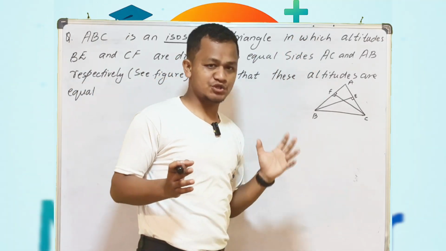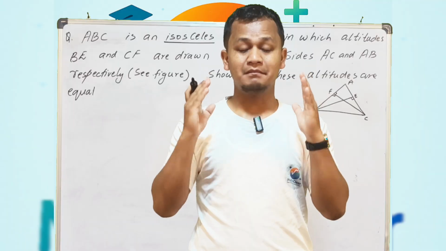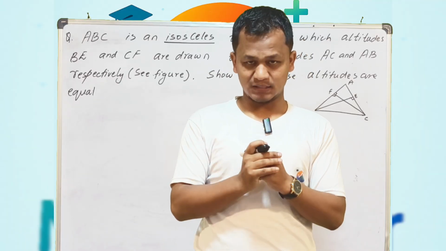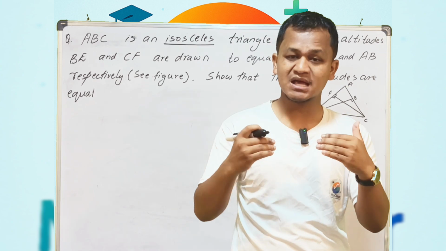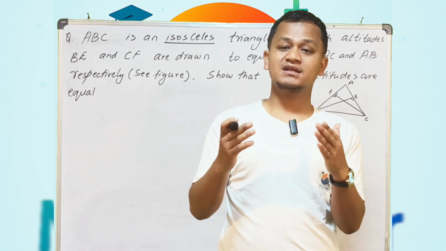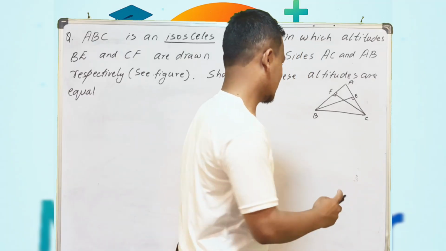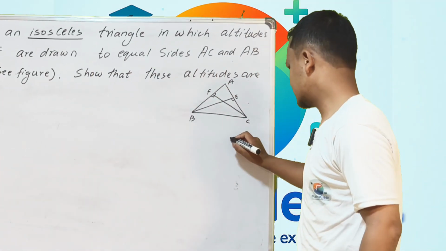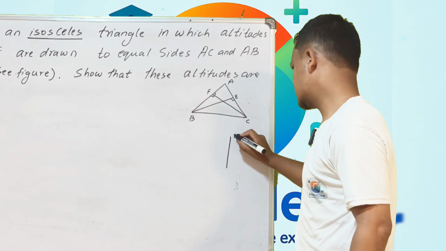Altitudes are nothing but the lines which make perpendicular angles. Or in other words, an altitude is a line which makes 90 degrees with the line it is incident to. Let's say you have a line DE.